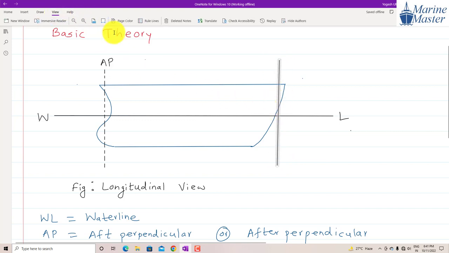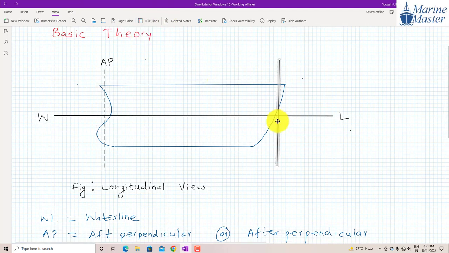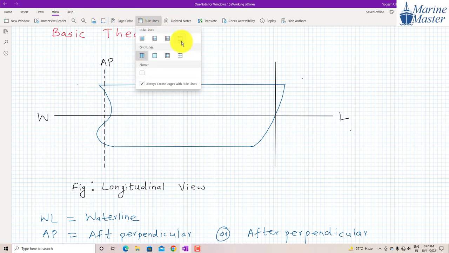Let me check whether it is a vertical line or not. I have a reference line from where I can easily understand it. So it is properly vertical. Let me shift to the regular view.